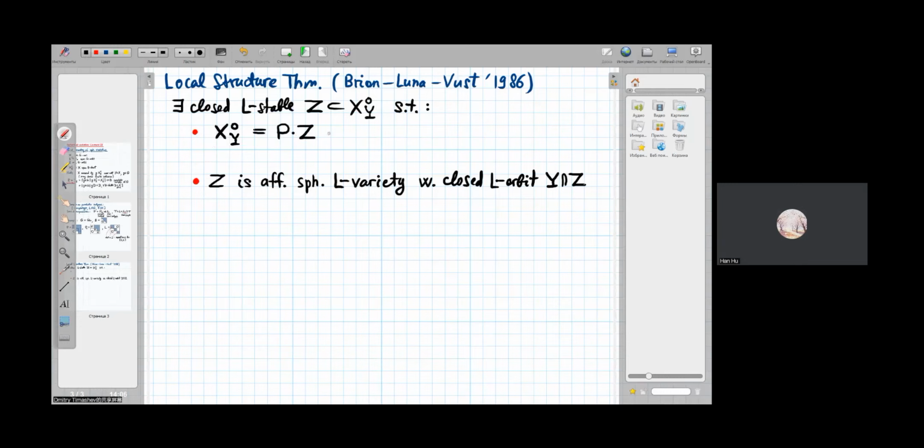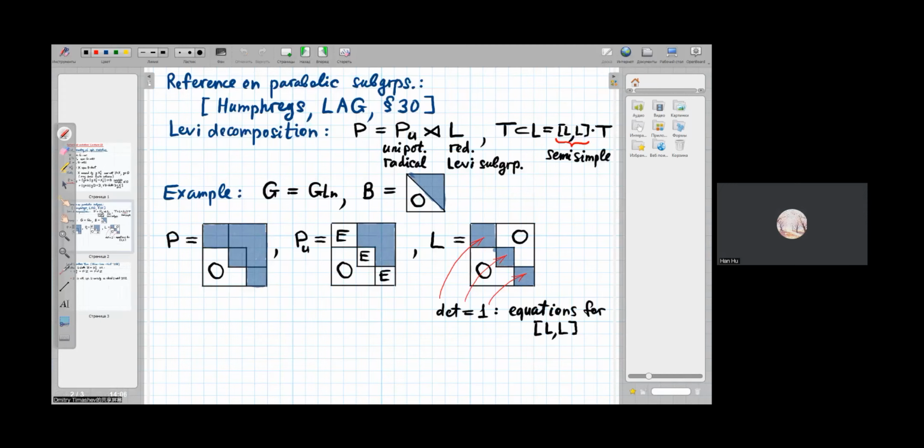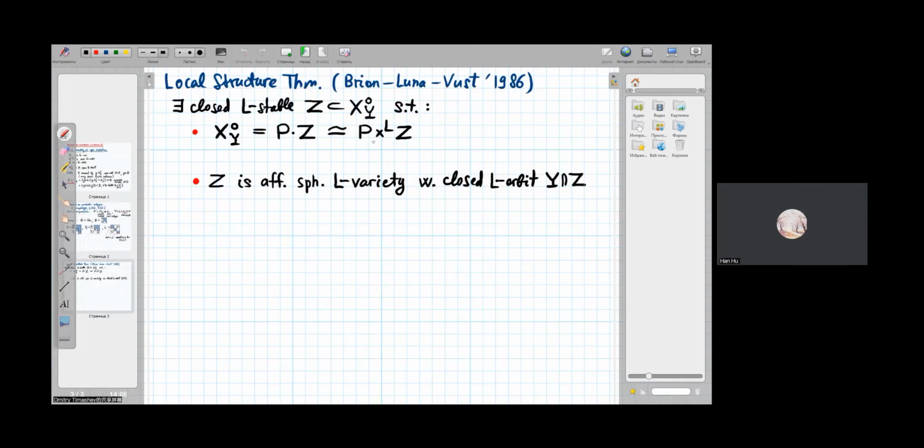And moreover, this open B chart is isomorphic to the homogeneous fiber bundle P cross over L of Z. I recall the notation: this is a fiber bundle over the homogeneous space P mod L with fiber Z. And by the Levi decomposition, we can also write this homogeneous bundle in the following way.